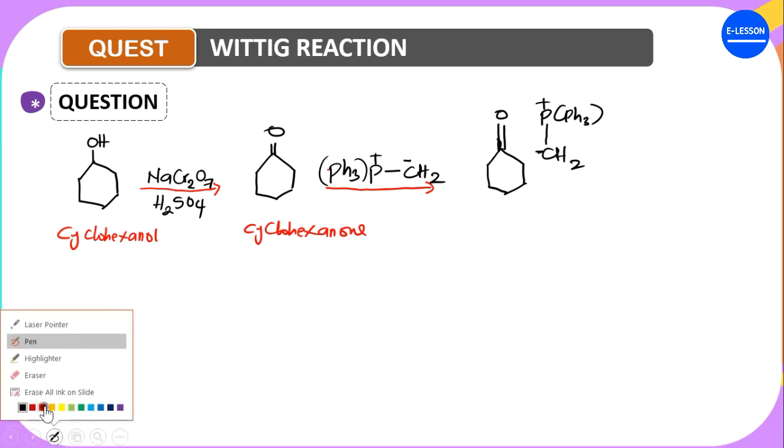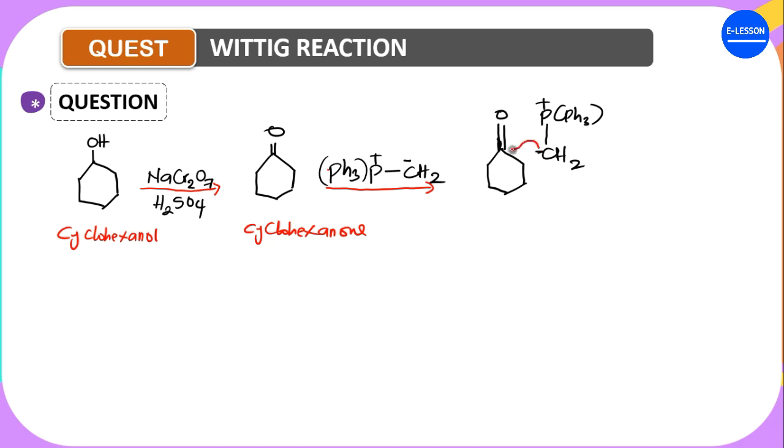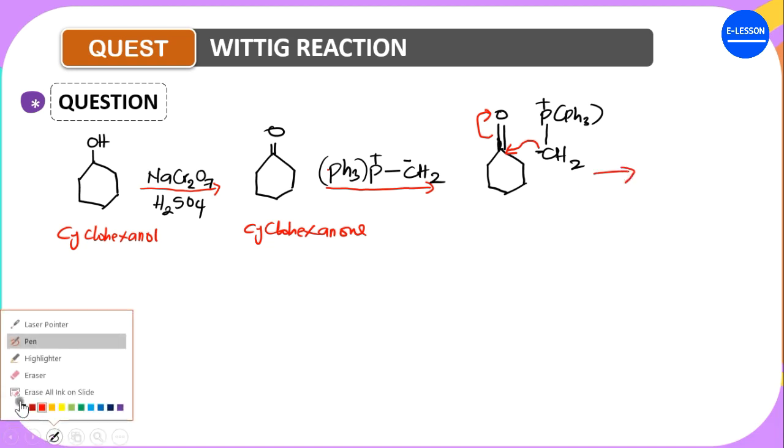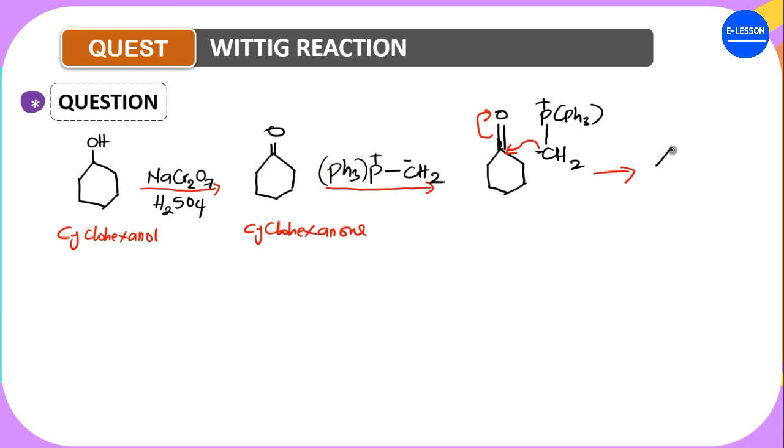This one will pack in here and this one will pack up here. So the product will be something like this: here becomes negative, then there is a linkage here, here becomes CH2, and here becomes P positive PPh3. We said the name of this product is betaine.